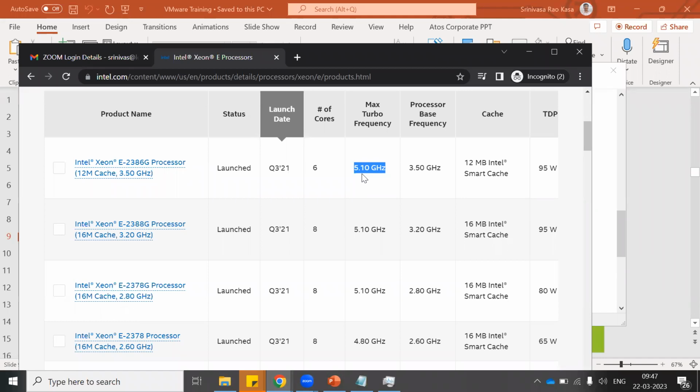We are going to discuss another concept, wherein how many vCPUs. I'll talk about vCPUs later. I'm just explaining: for one CPU, how many virtual CPUs can we assign? Virtual CPUs, in the sense that we are going to deploy virtual servers, and for each virtual server we are going to assign CPUs.